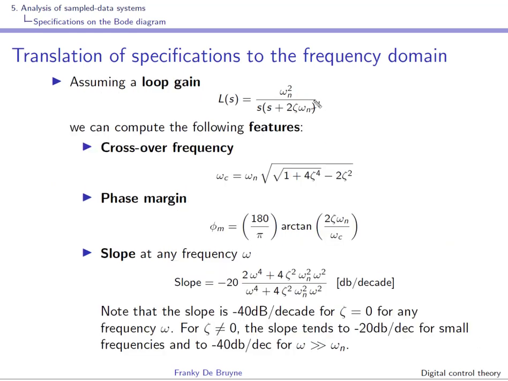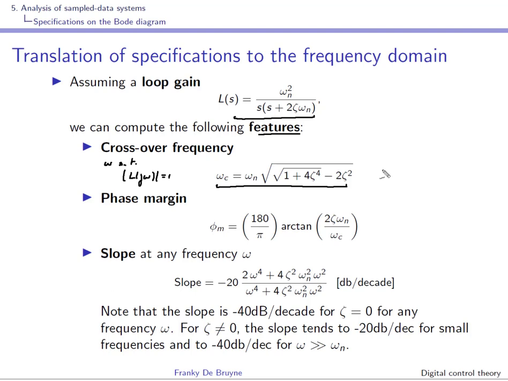We have imposed a second order type response, and we have seen that this is equivalent to imposing a loop gain like so. So what we can now do is look at the features, for instance the crossover frequency, the phase margin and the slope. To compute the crossover frequency you have to find the frequency omega such that the modulus of L in j omega is equal to 1, and this is what you obtain.